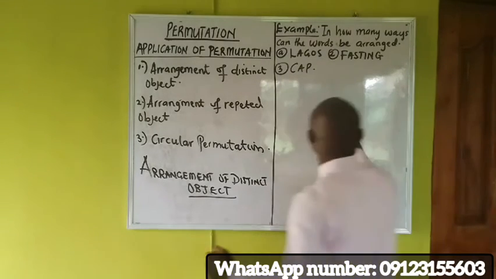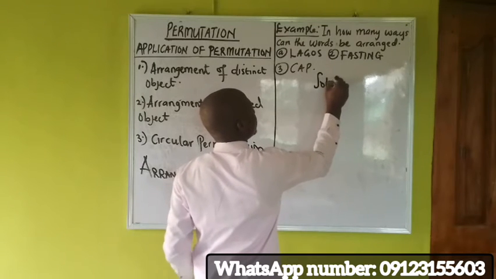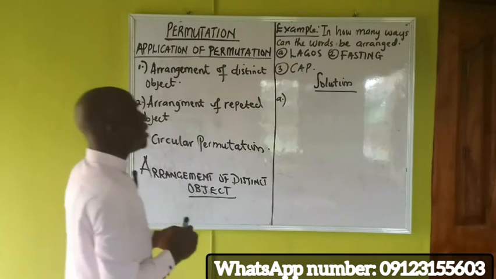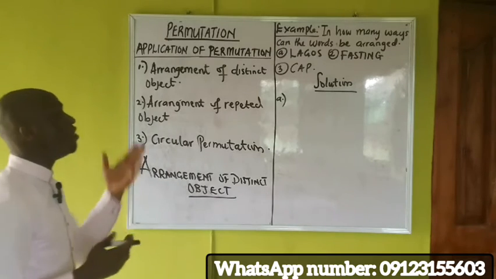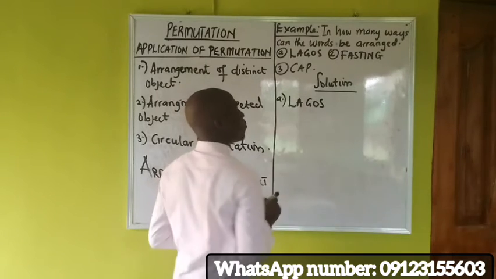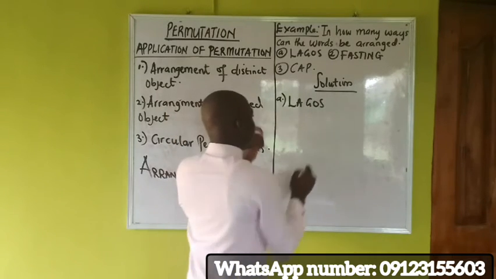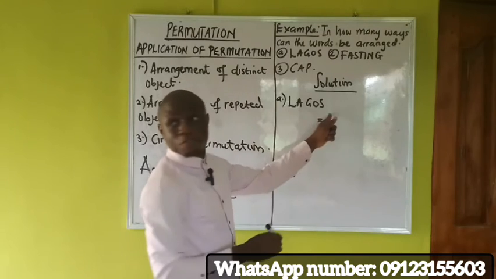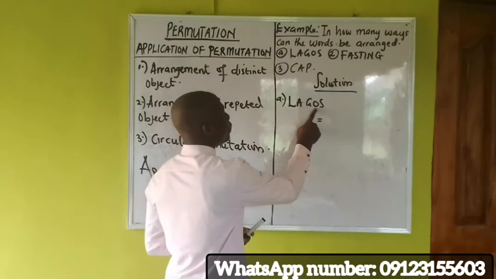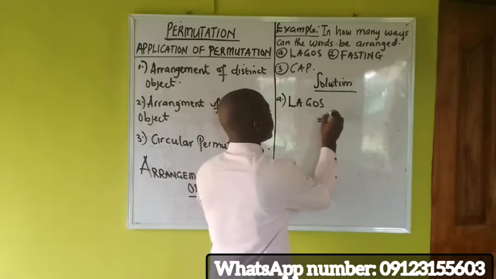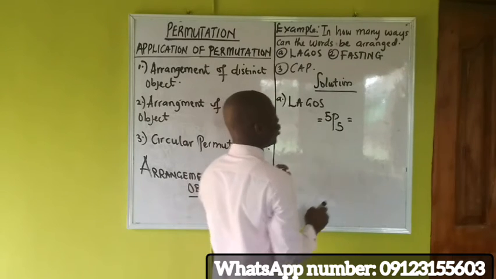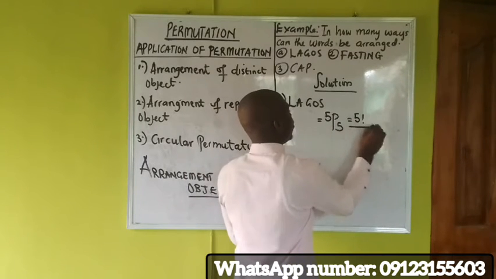So now let's look at how we can solve this problem. Solution. First, I have A: in how many ways can the word Lagos be arranged? We count the number of objects here: 1, 2, 3, 4, 5. That becomes 5 permutation 5, which is equal to 5 factorial over 5 minus 5 factorial.